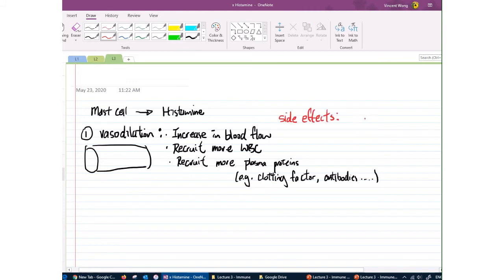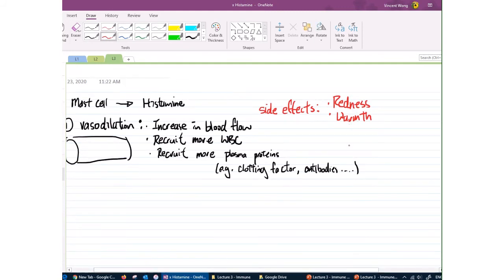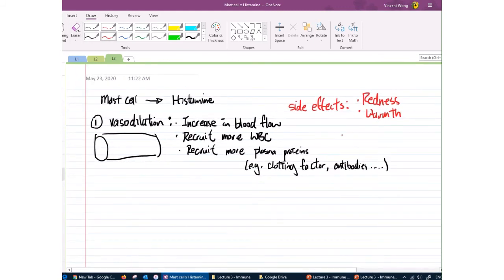Number one, it's going to be red. So there's redness, and it is going to feel warm. Okay, warmth. Okay, so these are two of the characteristics of inflammation.